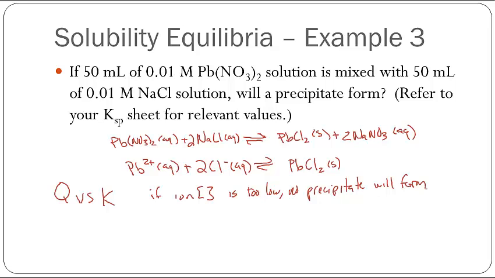Okay, so what's the KSP value for lead chloride? On your formula sheet. Yeah, go ahead. 1.6 times what? 10 to the negative 5. I have a different one.